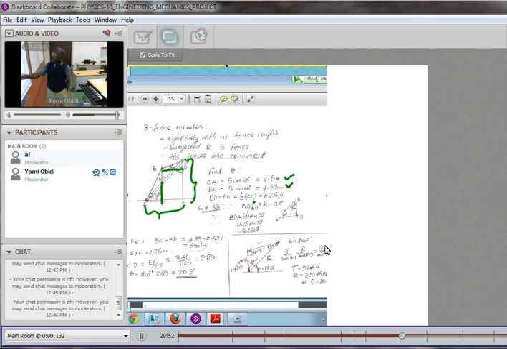So we use that information to determine that ED will be the same thing as FK, which is actually the same thing as CK. Because the weight is acting straight down at the center of gravity, we know that this distance is equal to this distance, and it's equal to this distance.